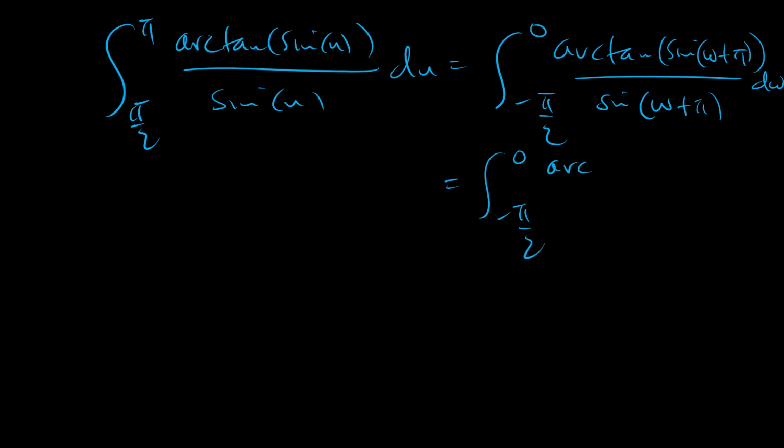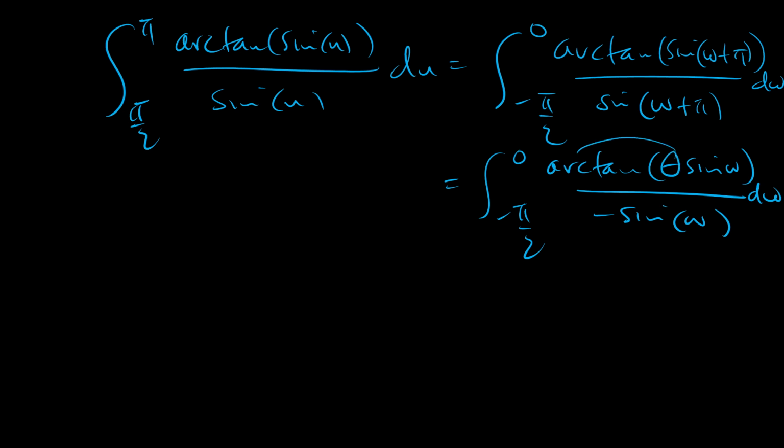Which is equal to the integral from negative pi over 2 to 0 of the arctangent of sine w plus pi. This is the same as negative sine w, because we have sine w cosine pi plus cosine w sine pi, and cosine pi is negative 1. So we have negative sine w.